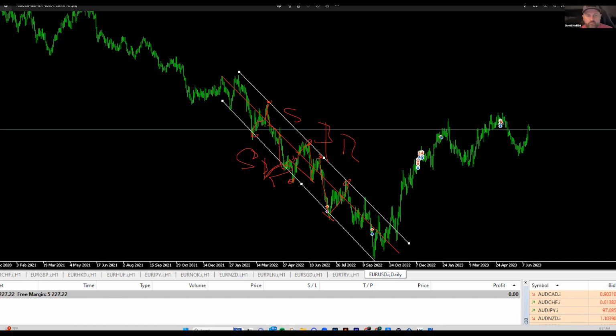So basically, on a channel market, and finally, the telltale sign of a trending channel is the pattern of higher highs and higher lows in an uptrend, or lower highs and lower lows in a downtrend.